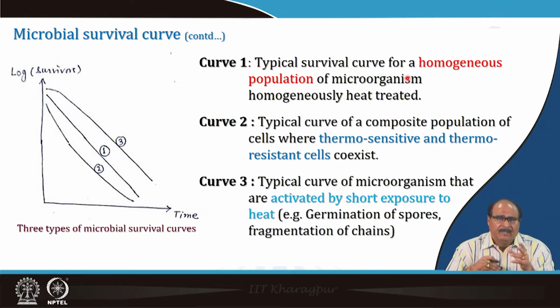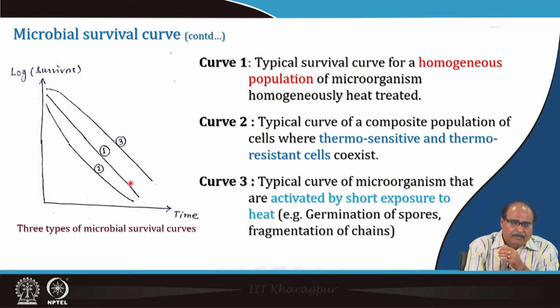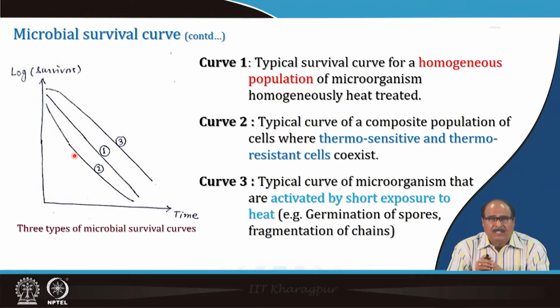Food contains various types of microorganisms, thermoresistant or thermosensitive microorganisms, spores, etc. So, curve 2 represents that both thermoresistant and thermosensitive cells coexist. So, you will get a linear relationship for some time, and then there will be deviation.